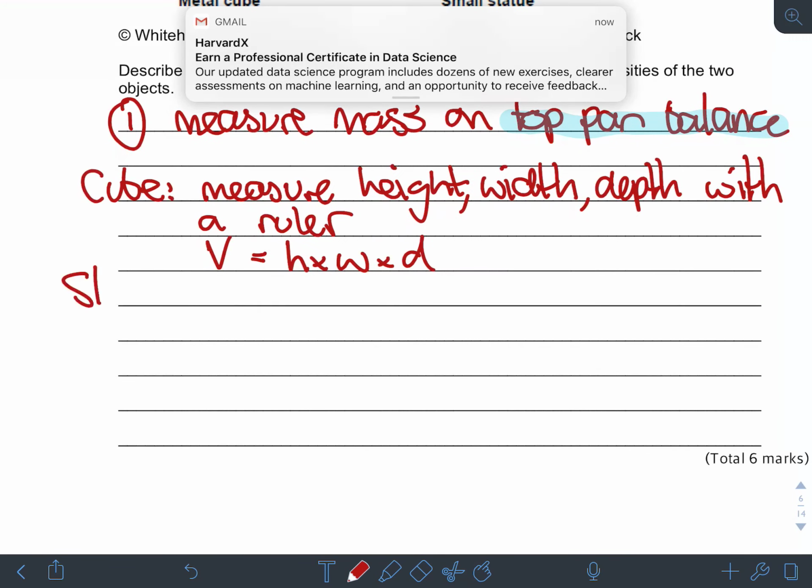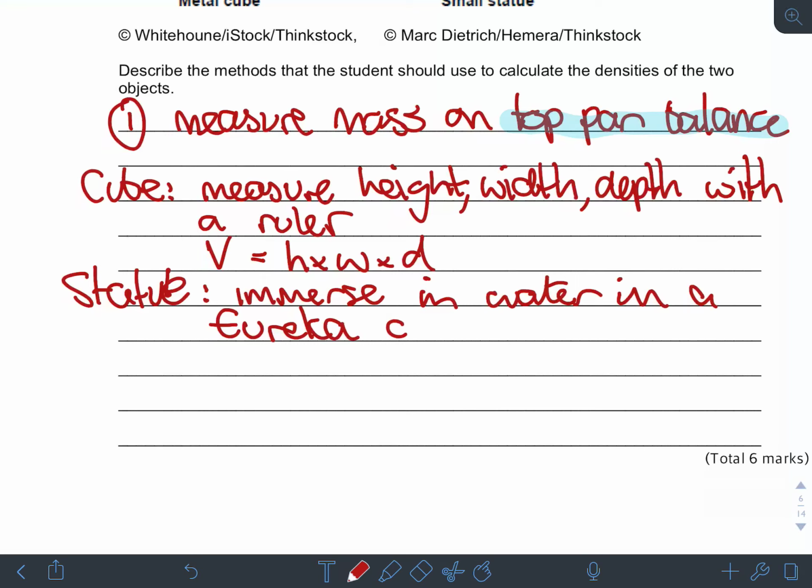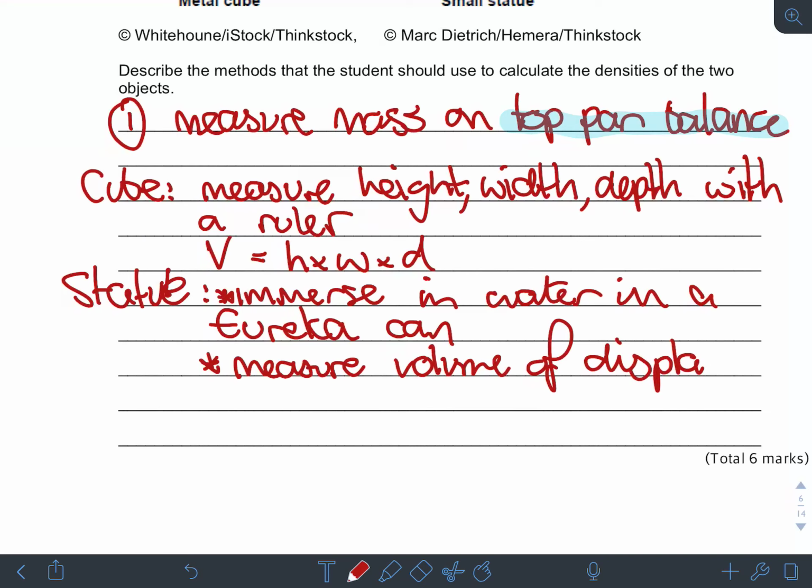Now for the statue. Immerse in water in a Eureka can. Measure volume of displaced water.